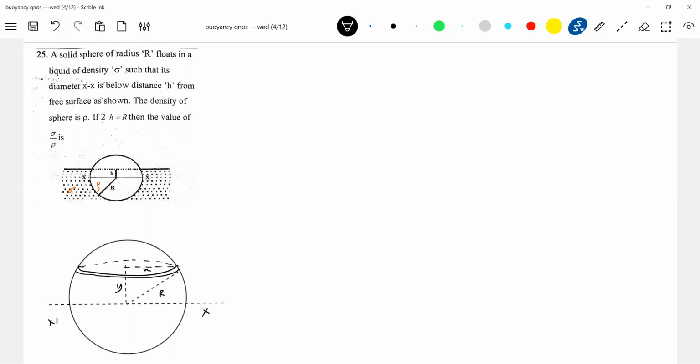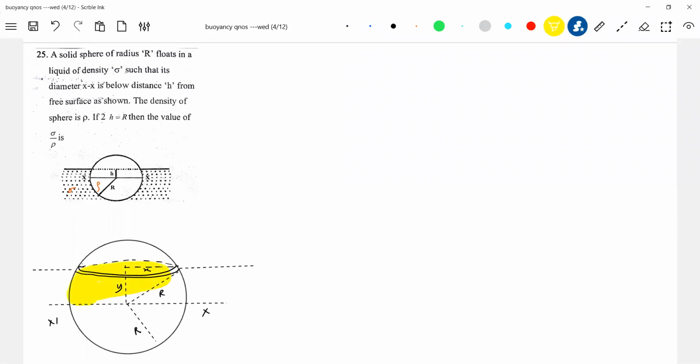So what is the total volume? First calculate the volume which is present above the diameter. Volume immersed we have to calculate. Shall we break this up into two parts? One, the hemisphere, plus the other section.